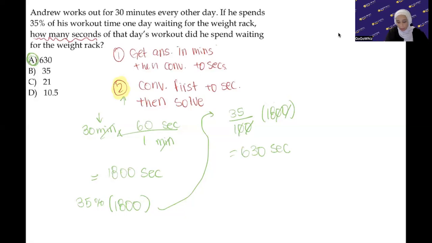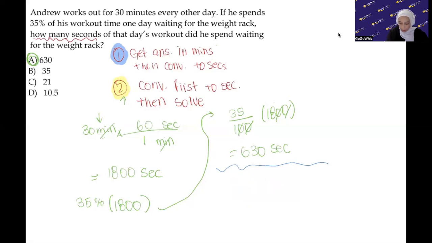But I want to show you something really quickly, and I'm going to do this in a different color. I'm going to highlight this in blue, and show you what a lot of people tend to do. So I get my answer in minutes. I say 35% of 30 minutes.